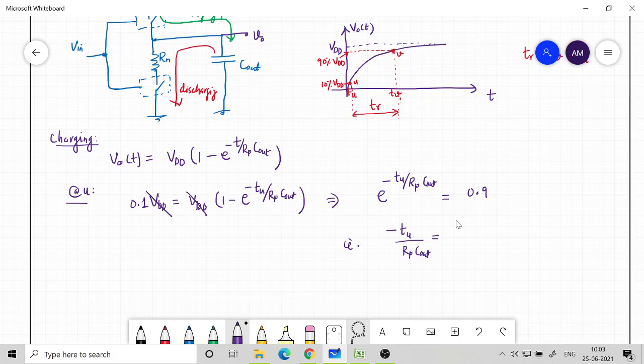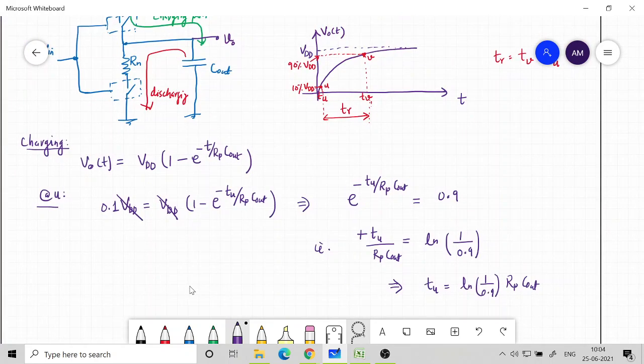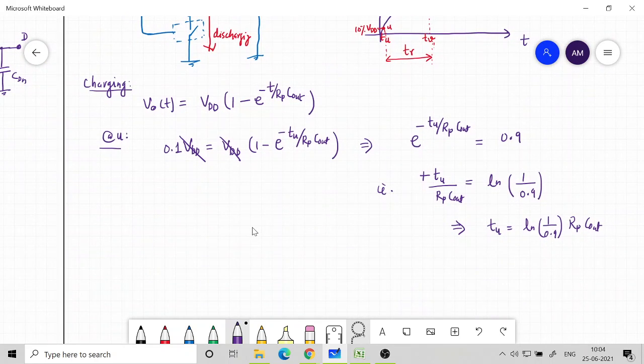Now I can take the minus to the other side, and then I can write it as ln of 1 by 0.9. Or I can say TU is equal to ln of 1 by 0.9 into RP C out.